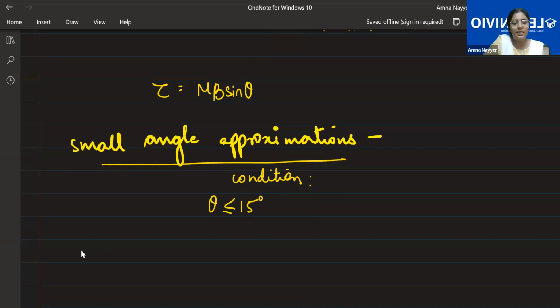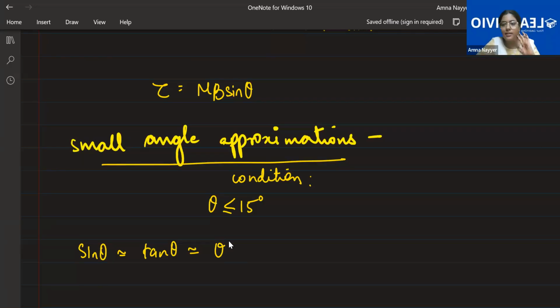In this condition, sine theta, which is also tan theta, is almost equal to theta. Like whatever is the value of sine 7 degree is almost equal to 7. If you have tan 3, it is almost equal to 3 something.